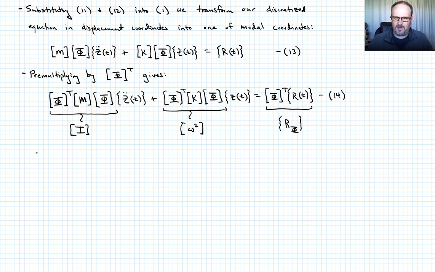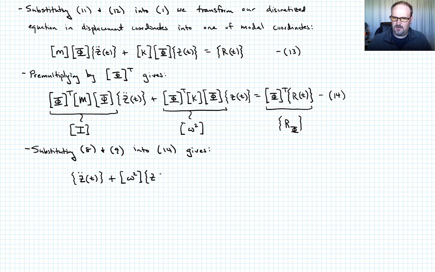So this is equations 8 and 9, but I'm going to go ahead and substitute equations 8 and 9 into equation 14. And I'm going to end up with something that now looks very simple. Z double dot, which is a function of time, plus omega squared times z, which is a function of time, is equal to r phi, which is also a function of time, right? Let's call that equation 15.